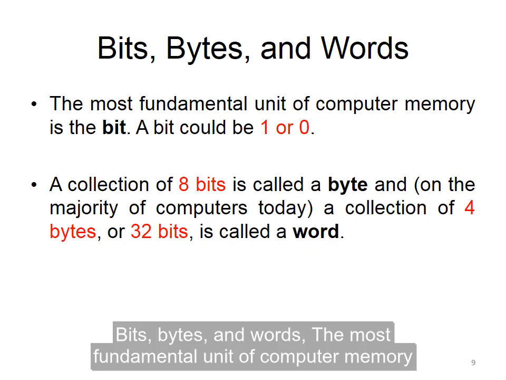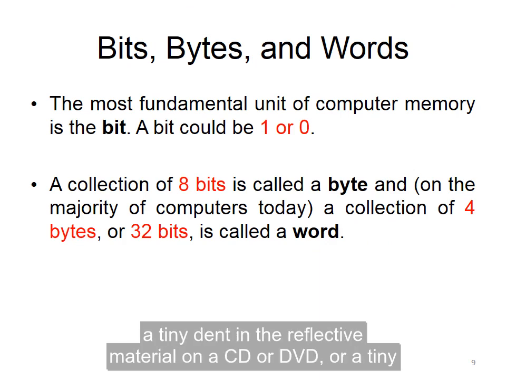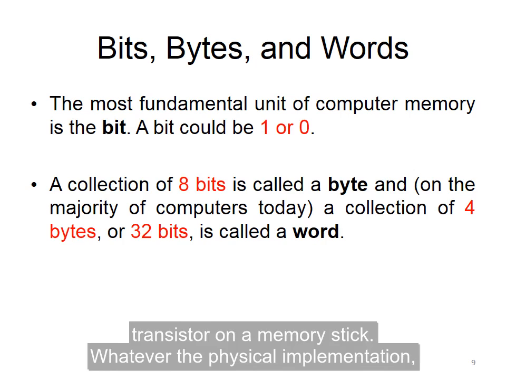Bits, bytes, and words. The most fundamental unit of computer memory is the bit. A bit can be a tiny magnetic region on a hard disk, a tiny dent on the reflective material on a CD or DVD, or a tiny transistor on a memory stick.